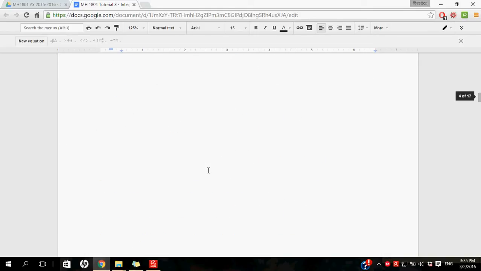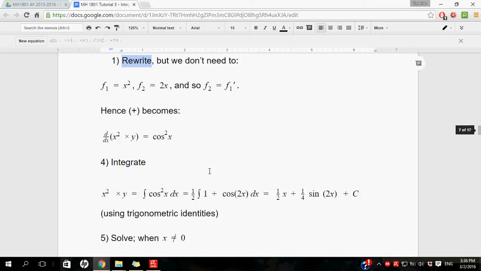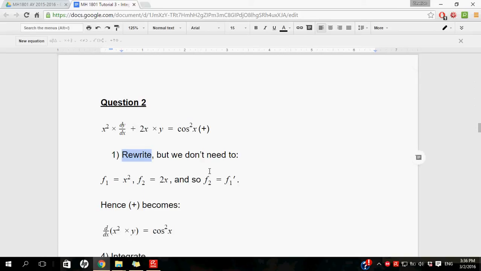It turns out, in this case, it is already so. f1 is x squared, f2 is 2x. If you differentiate f1, x squared, you get 2x. So indeed, f2 equals f1 prime.